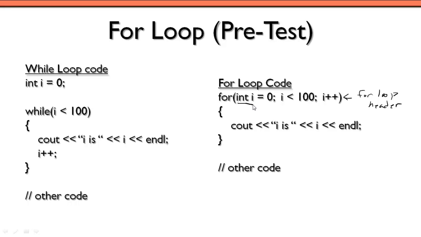The very first part that we see here before the semicolon is what we call the initial statements. And here is what we call the loop continuation condition. And then finally we have what is called the post statements.